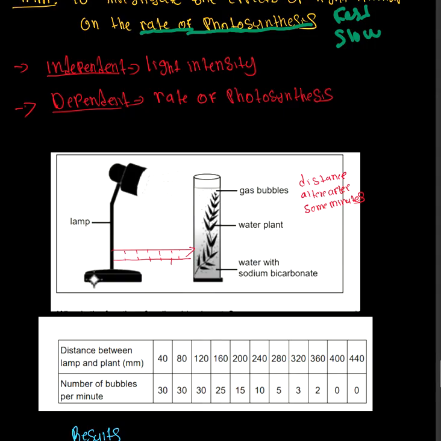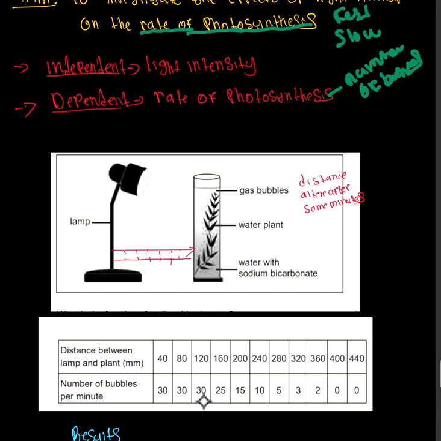So as you move away, the light intensity decreases. As it moves away, the number of the bubbles that will be formed will be less. So the number of the bubbles is measuring the rate of the photosynthesis. The rate of the photosynthesis is measured by the number of the bubbles.